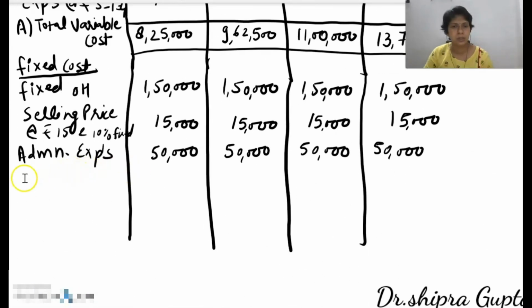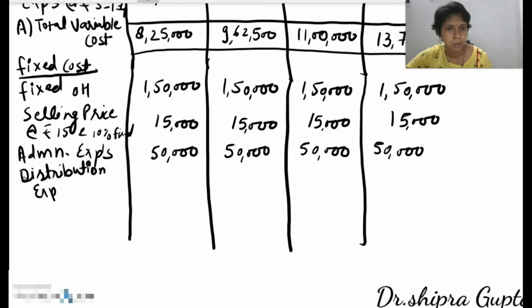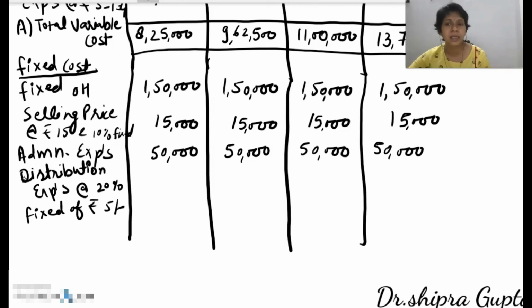At 20% fixed of rupees 5 per unit, we get 1 rupee, and first we multiply 1 by 10,000, which gives us 10,000.